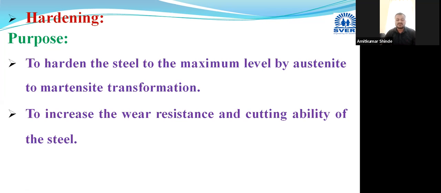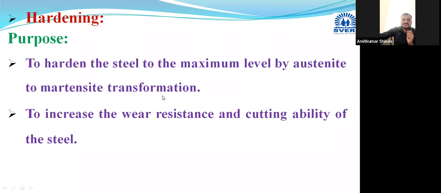If time permits, I will try to cover one extra point of retained austenite along with its elimination methods like sub-zero treatment. This is a little bit of summary of the previous session and what we are going to discuss in today's session.